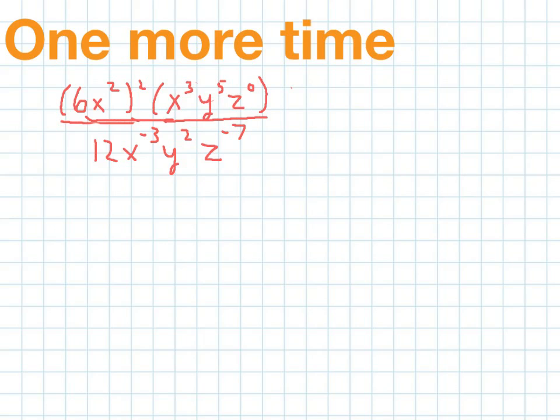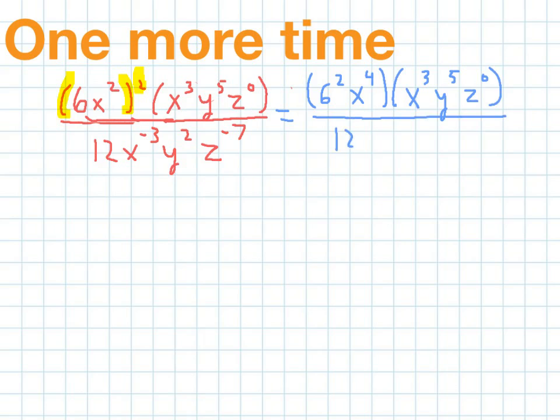First thing I notice, I do have parentheses and an outside power, so I'm going to tackle that first. Working here, I've got 6 to the second power, x to the 2 times 2, times x cubed, y to the 5th, z to the 0, divided by 12x to the negative 3, y squared, z to the negative 7.